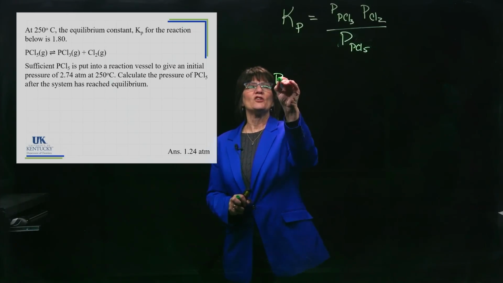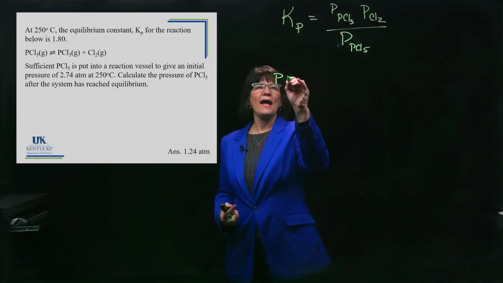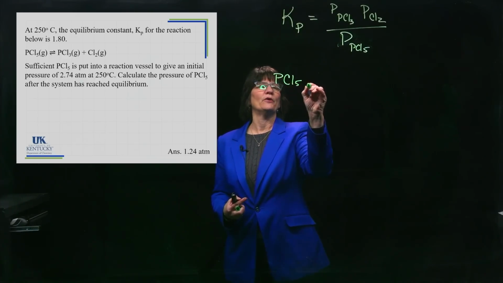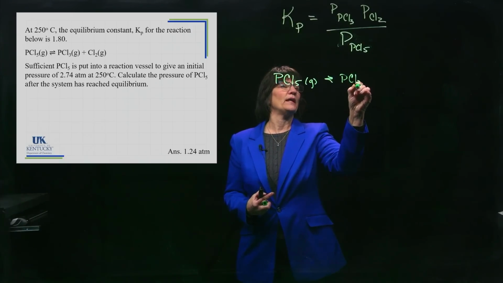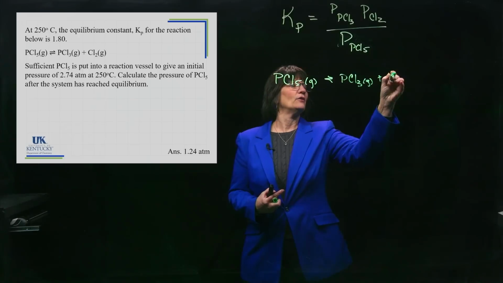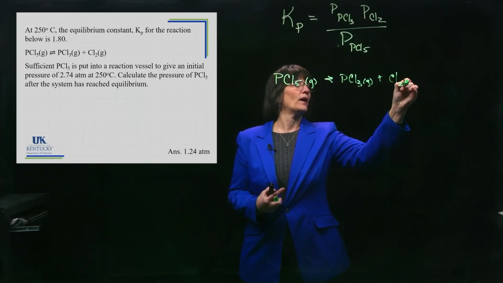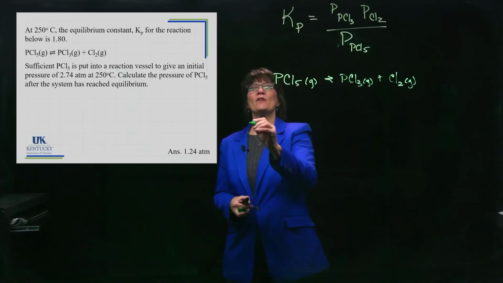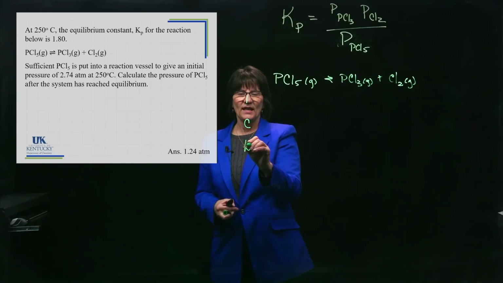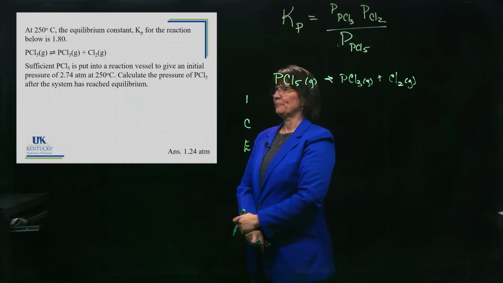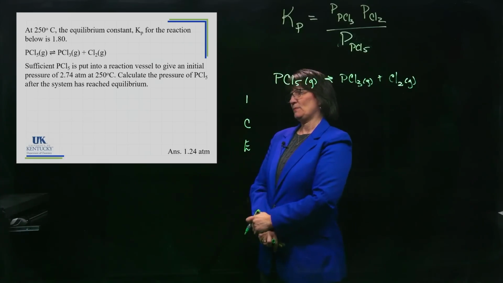I will write the reaction so that I can put an ICE table underneath it. So here's the reaction, PCl5 goes to PCl3 plus Cl2. I've got room for an I, that's initial, C, that's change, E, that's equilibrium. And then I look and see what's given to me.